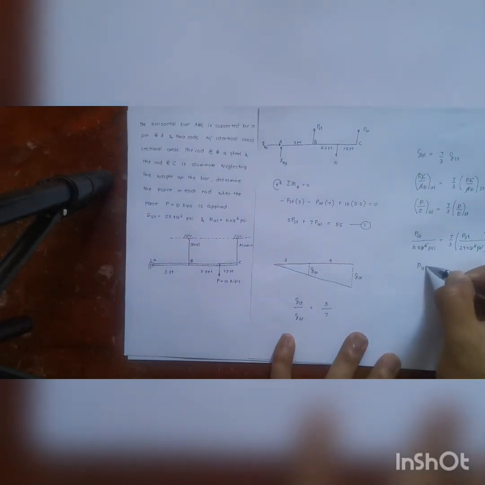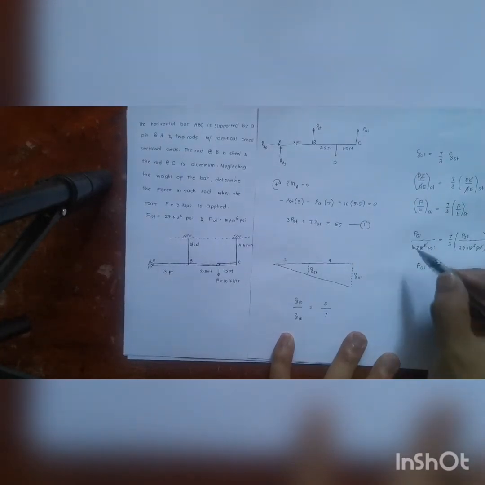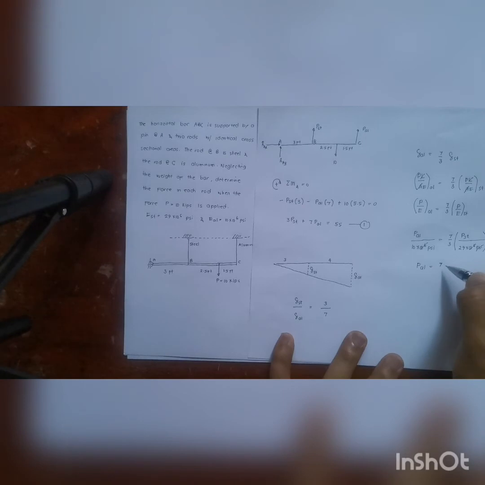Let's relate the load of aluminum in terms of the load of steel. Cross-multiplying the 10, that will be equivalent to 7 over 3 times 10, that is 70 over 3 times 29 of the load of the steel.